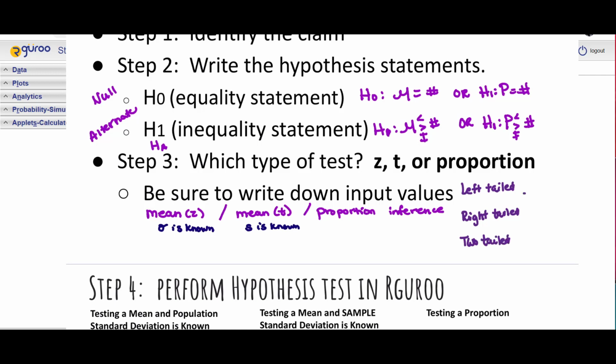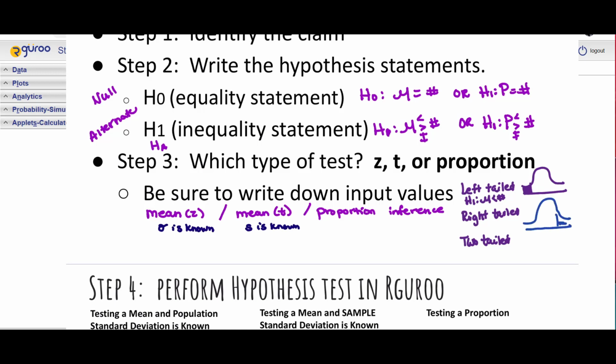All right, so left-tailed happens if your H1 is less than some number. And I should probably do a different color here so you can differentiate.